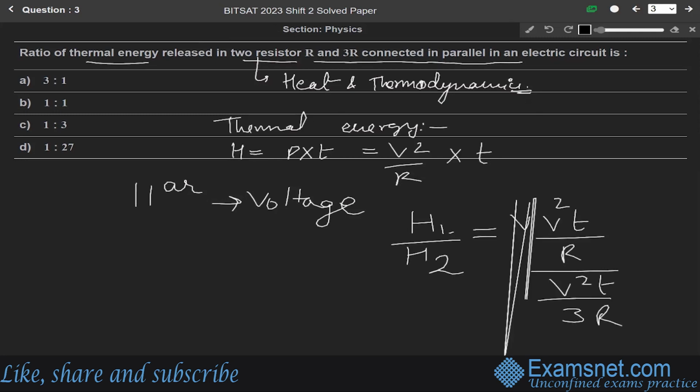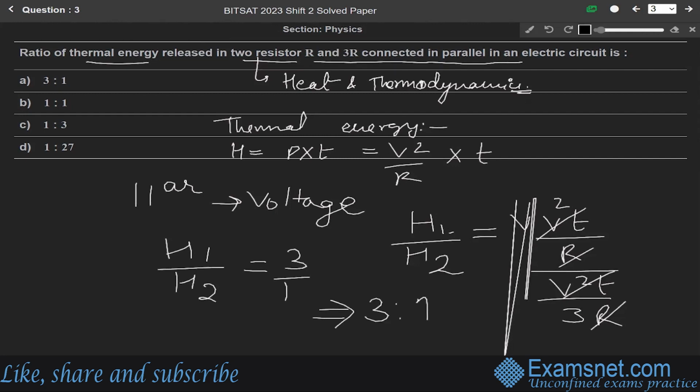Solving it, since V square T cancels out and R cancels out, H1 over H2 will be equal to 3 over 1, meaning the ratio 3 to 1. So among these four options, option A, that is 3 ratio 1, is the correct answer.